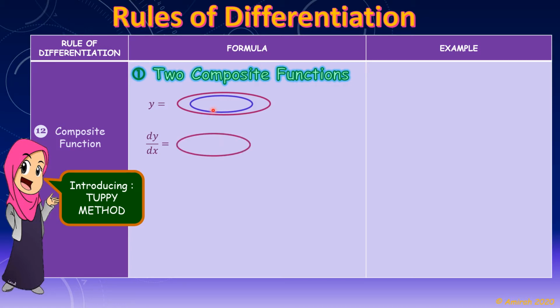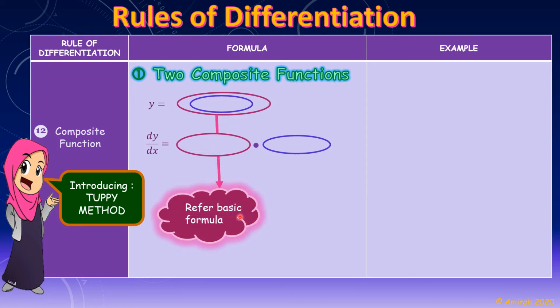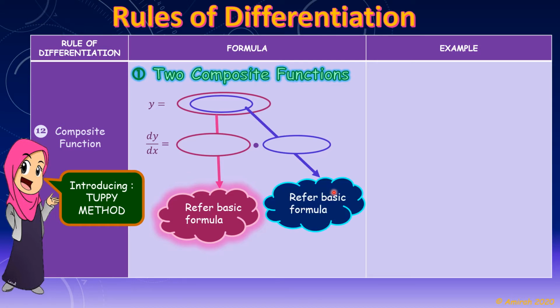Then we pair these two circles with two other circles, and in between there must be a multiplication operation. For the outer circle, we refer to the basic formula related to the outer function. And for the inner function inside the inner circle, we refer to the basic formula related to the inner function.